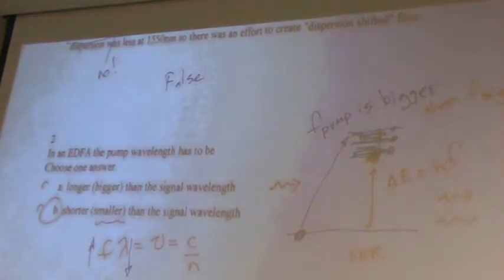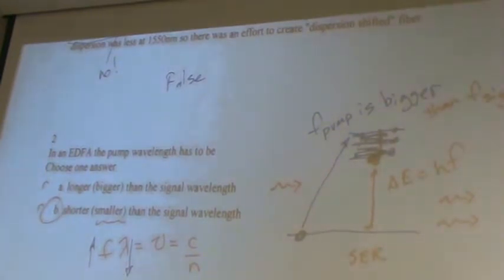Okay, and in practice, you don't need to memorize numbers here, but for signal wavelength at 1550 nanometers, EDFA pump wavelength is typically 1480 nanometers, or another popular one is 980 nanometers.